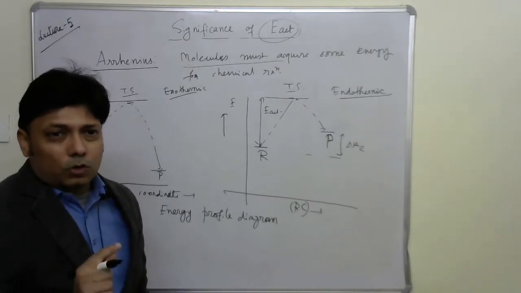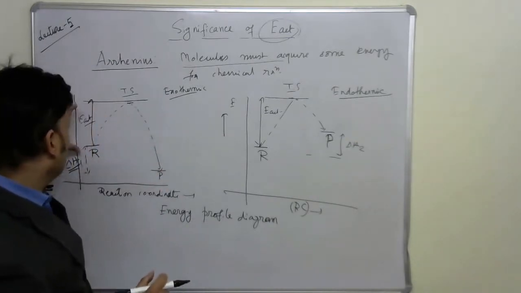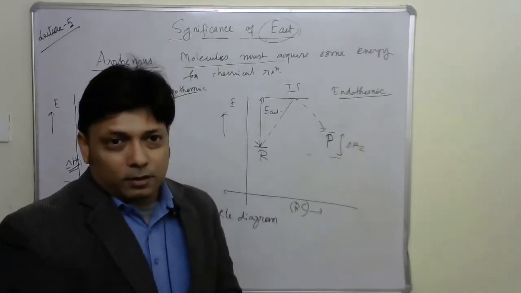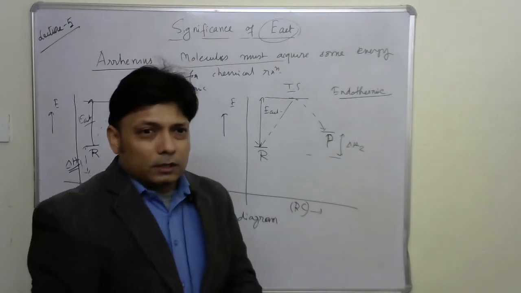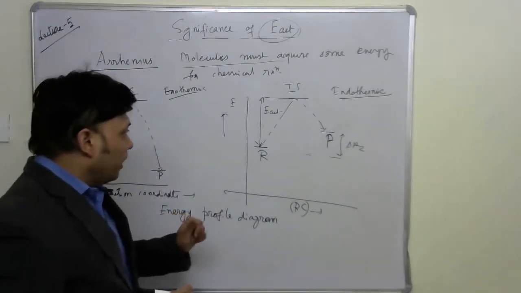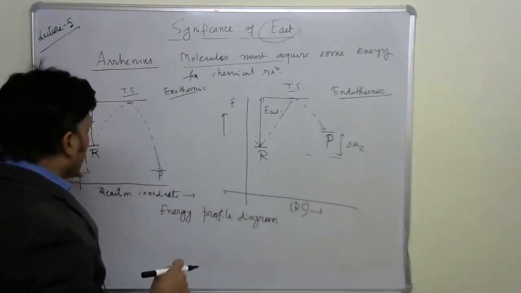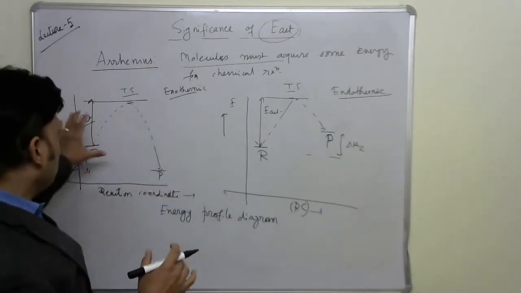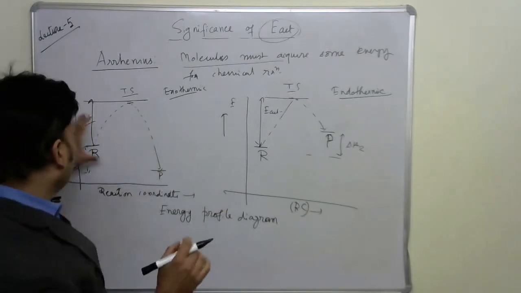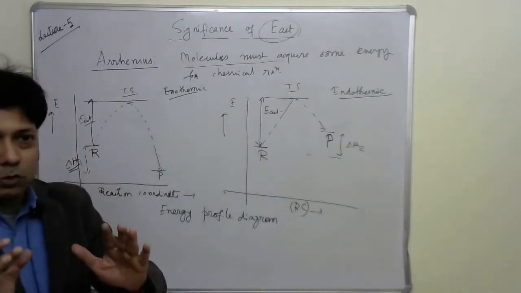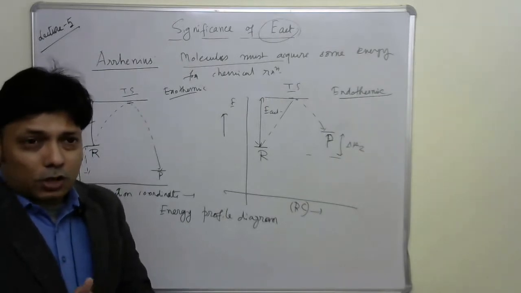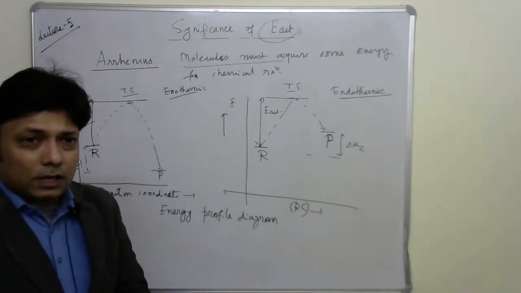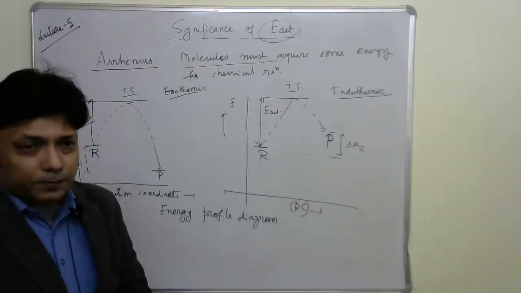Now the question is, can this EACT be altered? The answer is, for a particular route of a reaction, this transition state is fixed, or in other words, this activation energy is fixed. We cannot do anything about that. But of course, we can change the pathway of the reaction by some means, and that process is typically known as catalysis.